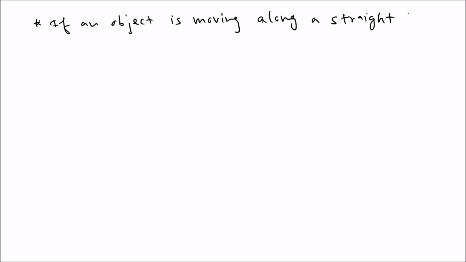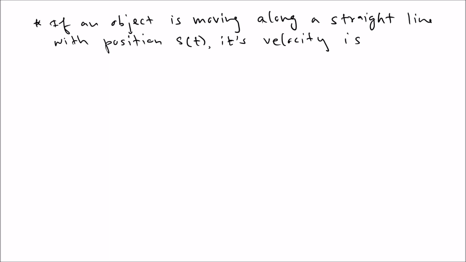Along a straight line, let's say with the position given by s(t), its velocity, we write this as v(t), so its velocity is s'(t).